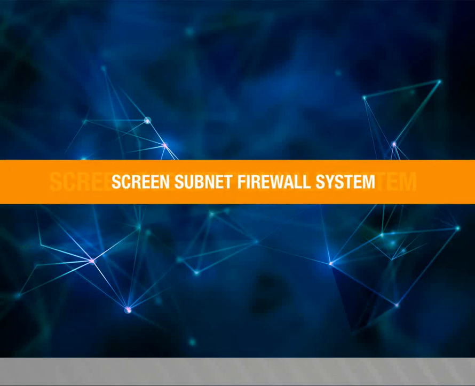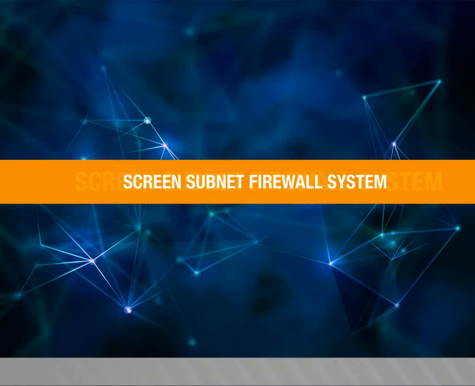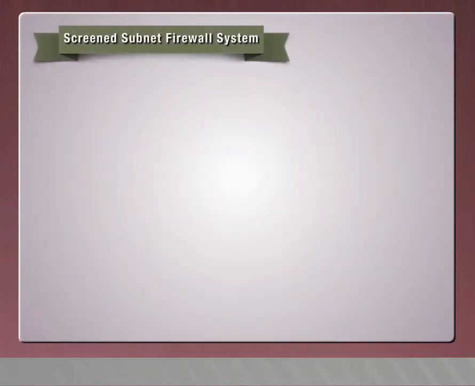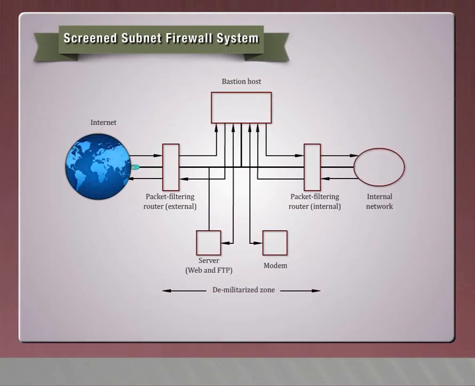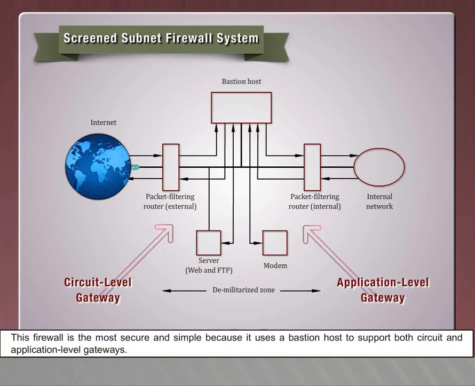Screened subnet firewall system. Now let us see the process of the screened subnet firewall system. The screened subnet firewall, which is also known as DMZ, that is demilitarized zone. This firewall is the most secure and simple because it uses a bastion host to support both circuit and application level gateways.